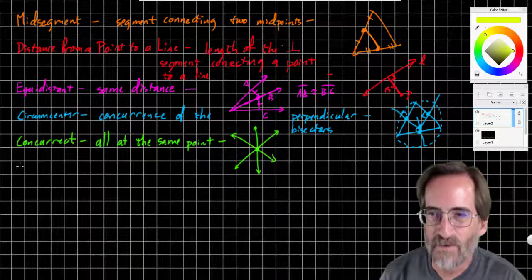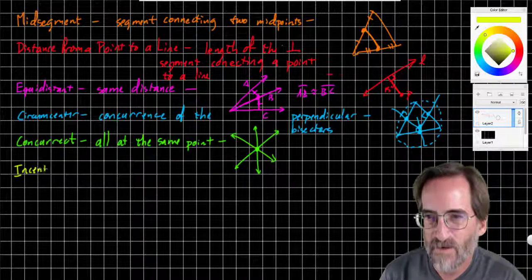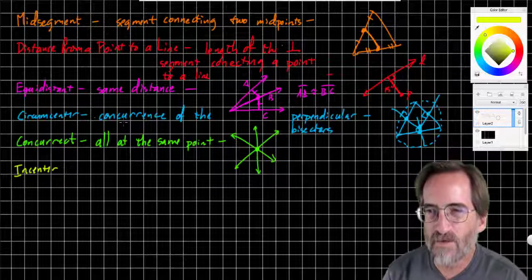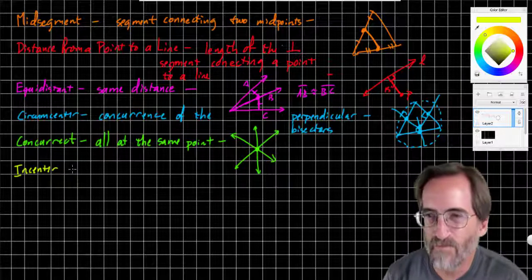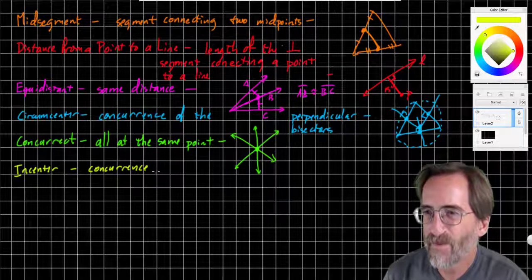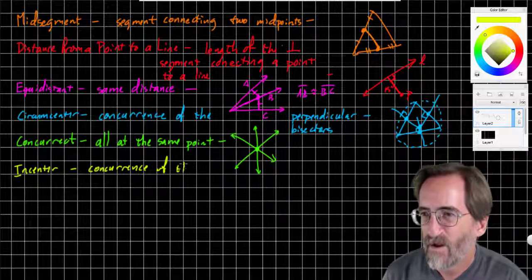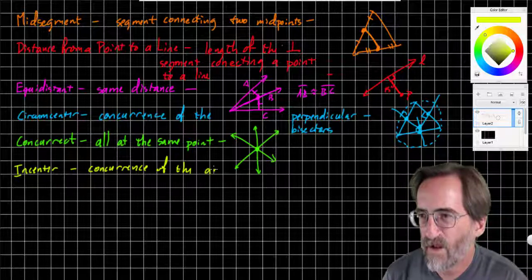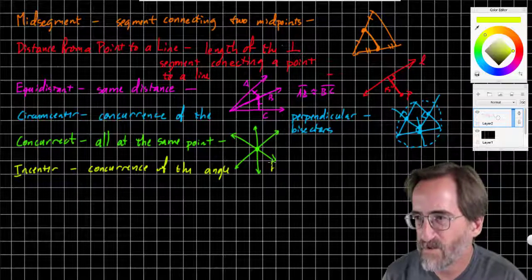Incenter. I'm going to leave out "of a triangle" here. The circumcenter was formed by the perpendicular bisectors. The incenter is the concurrence of the angle bisectors.